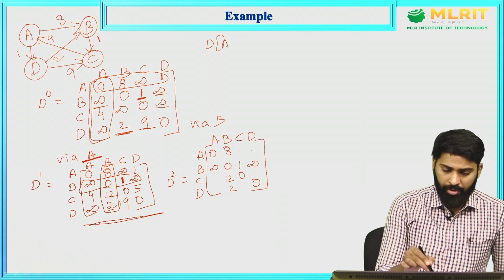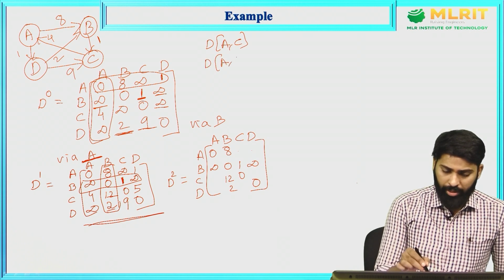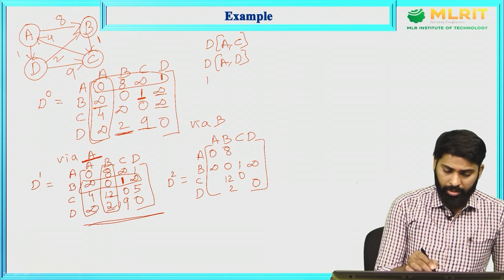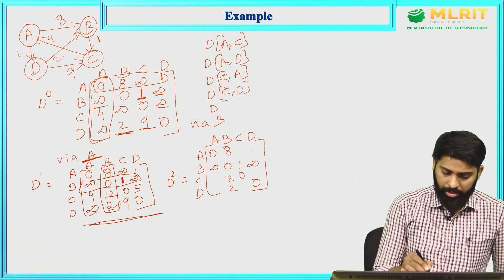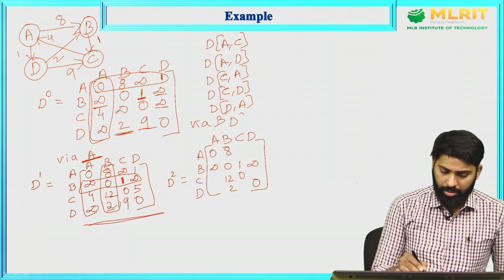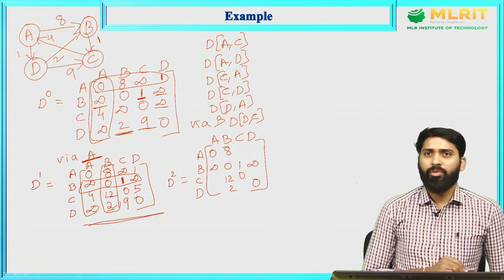Distance of A to C, distance of A to D, distance of C to A, distance of C to D, distance of D to A, and distance of D to C. So these values we are going to find.